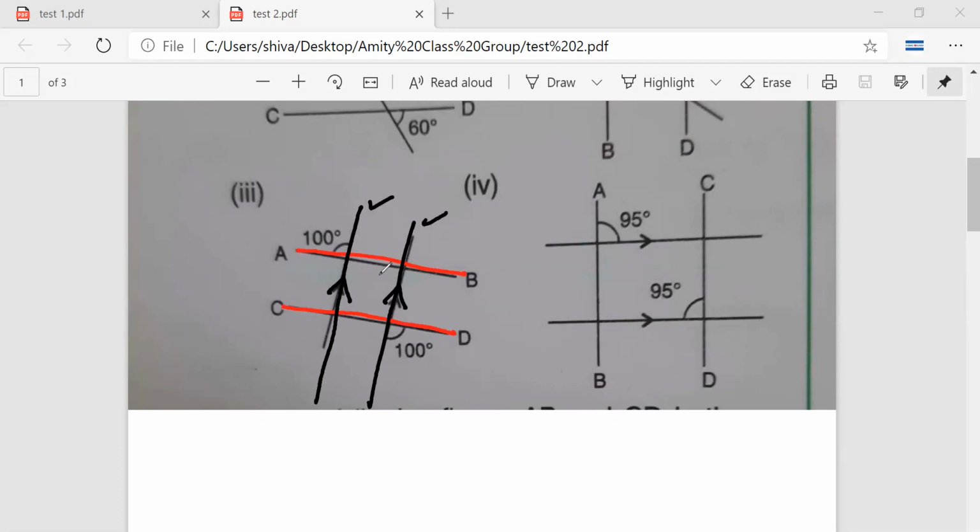And using this fact, we need to prove that this line and this line are parallel to each other. Have you understood? Yes, sir. Okay. Now, because they are telling me that this and this are parallel, I have some information at hand, which means that if this is 100 degree, this angle would also be 100 degree. Is it okay?